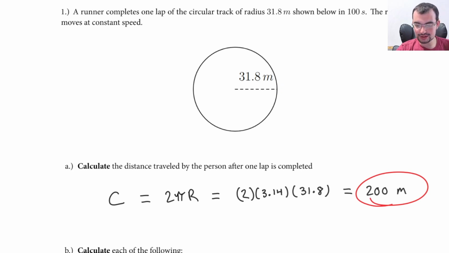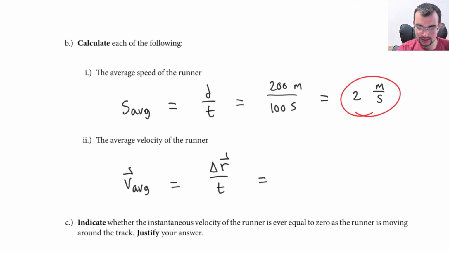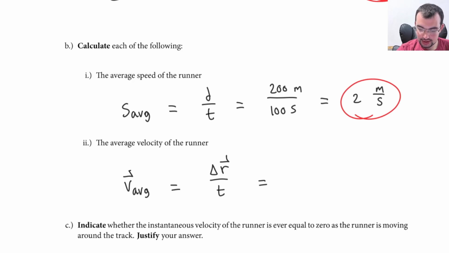So they actually displace no net distance, meaning, yeah, it took 100 seconds, but they went nowhere. They went 0 meters displacement wise in 100 seconds. So their average velocity is actually 0. You know what? I like writing it out.